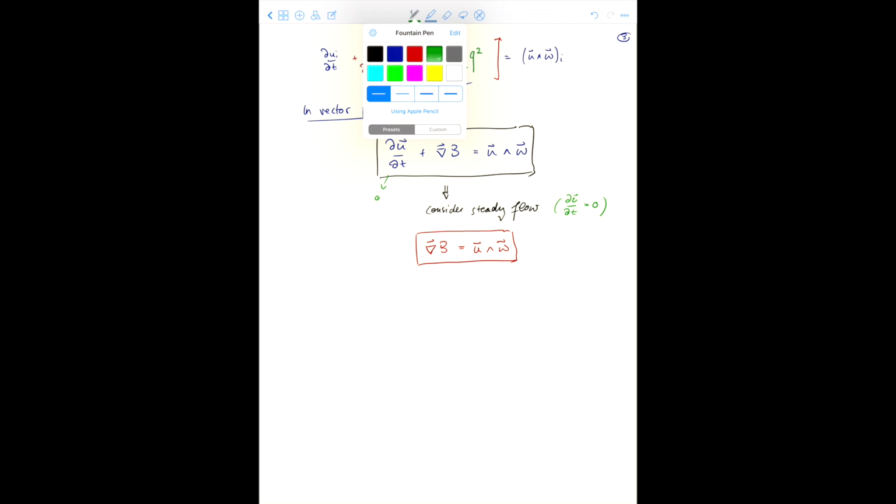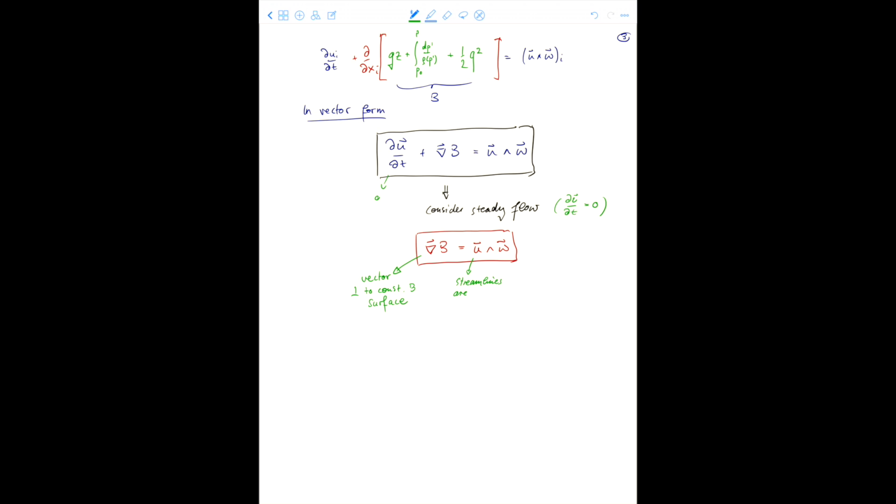That means that the left-hand side here is a vector that is perpendicular to the constant B surface. Now, the streamlines are determined by the direction of u. So the streamlines are tangent to u, and the vortex lines are tangent to omega.